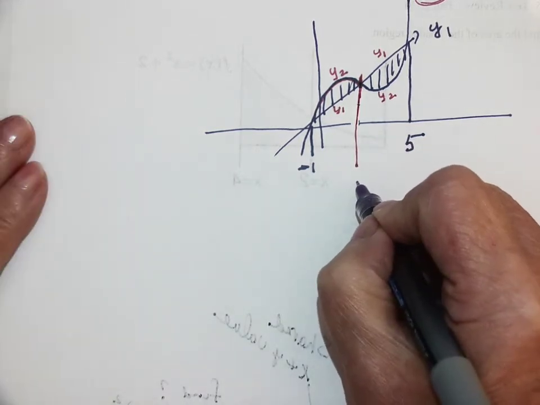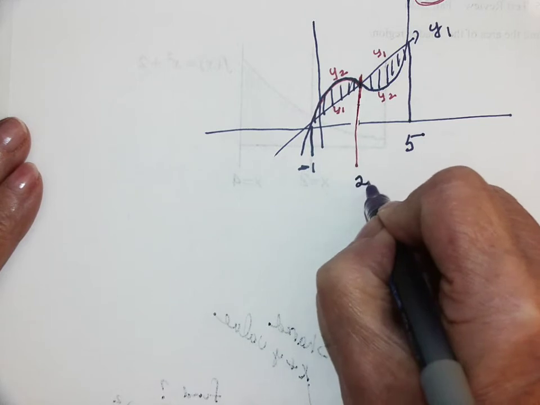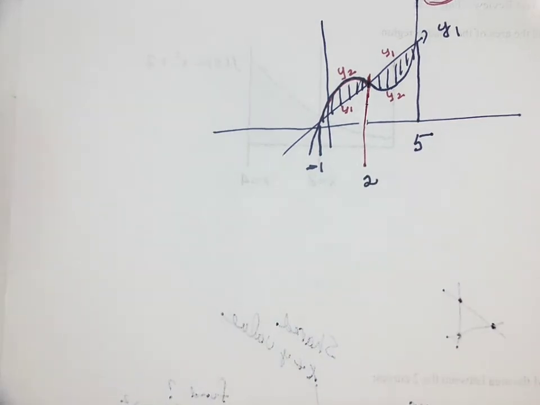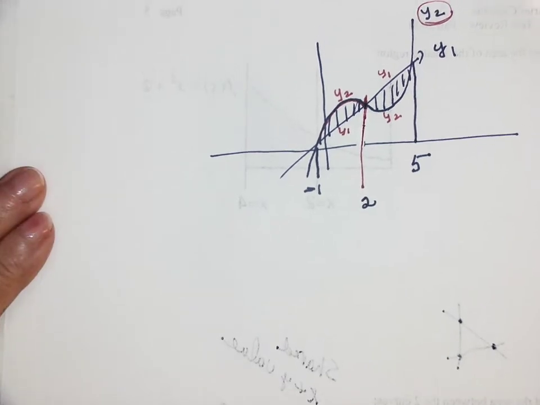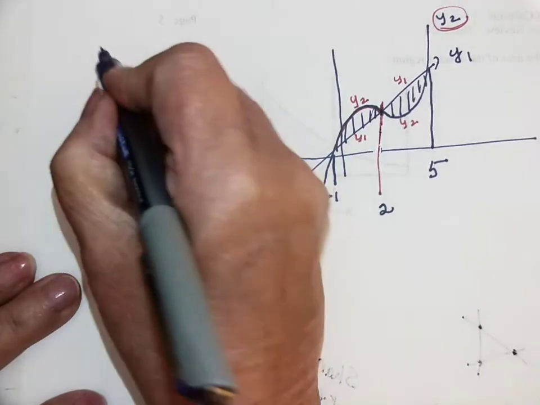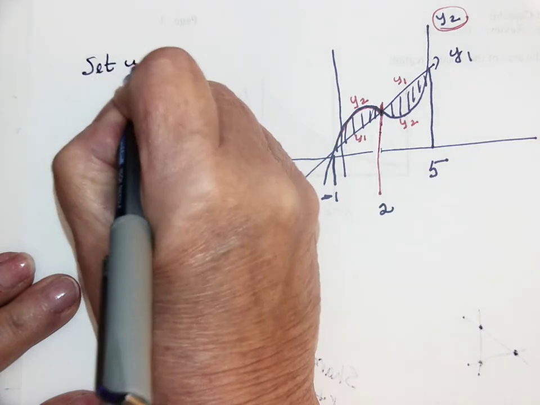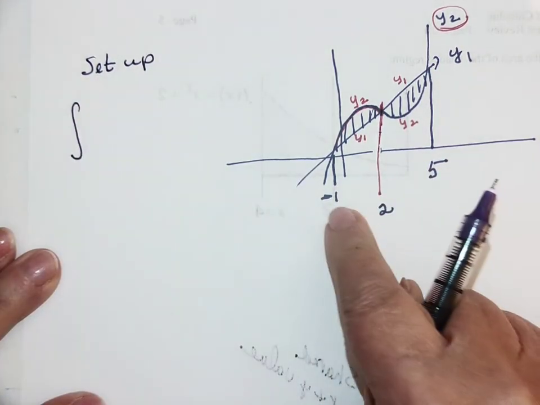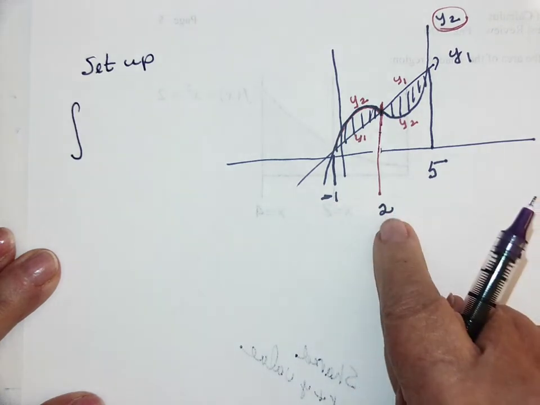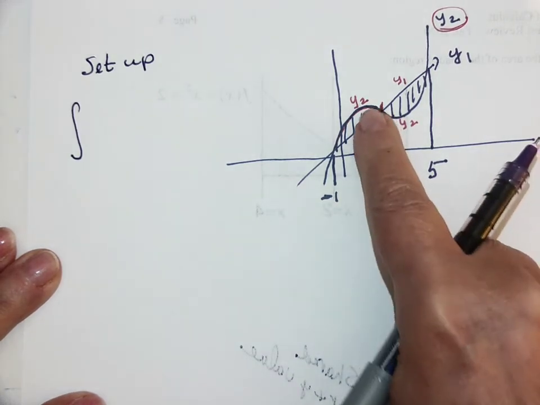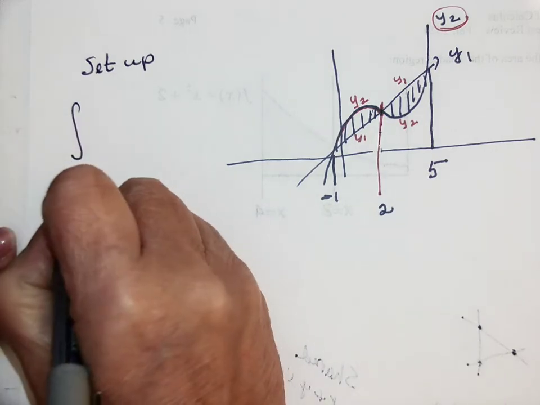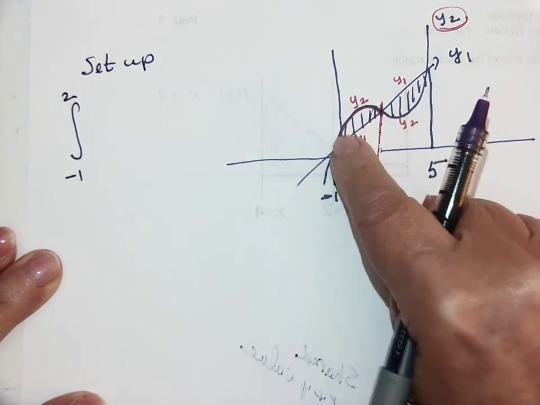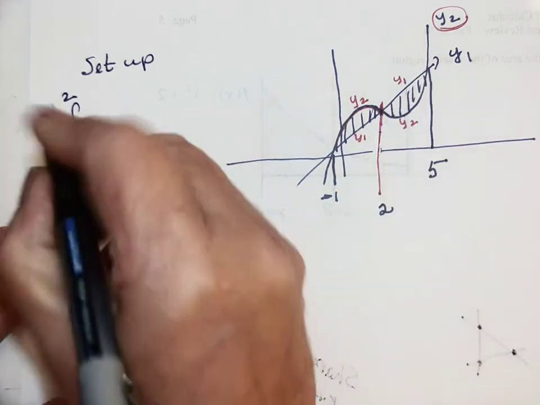This may have occurred, say, at 2. So if I were going to set this up, I'm just going to do a setup. What would it be? Well, I'd start at -1 and go to 2, because y2 is above and y1 is below.